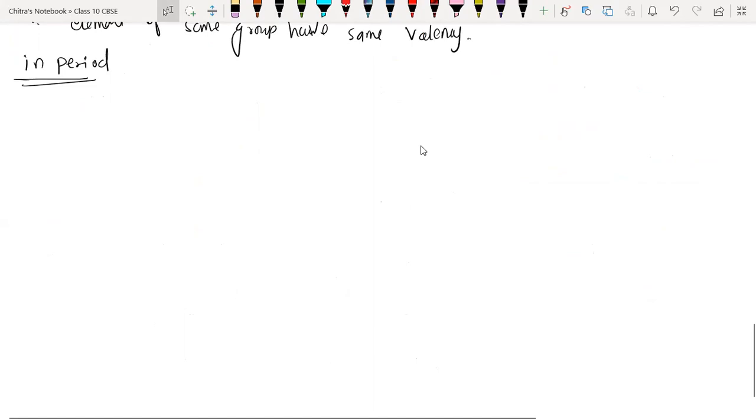We have sodium, its atomic number is 11 and its electronic configuration is 2, 8 and 1. So its valency will be 1 because it is going to lose 1 electron. After sodium, we have magnesium having atomic number 12. Its electronic configuration is 2, 8 and 2. Again, magnesium will lose 2 electrons, hence its valency is 2.